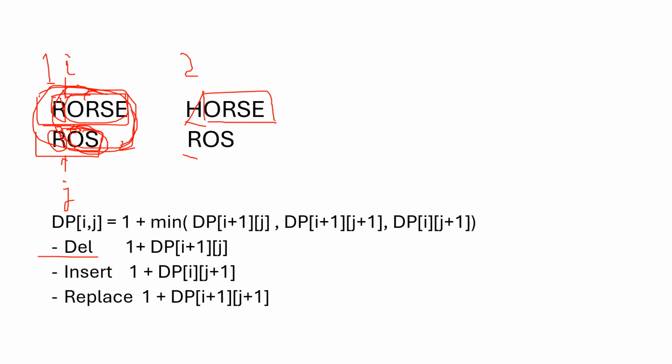So we will move i from i to i plus 1. And this is our source string now. But because we deleted, we haven't matched any letter to the second string, so j will still stay the same.